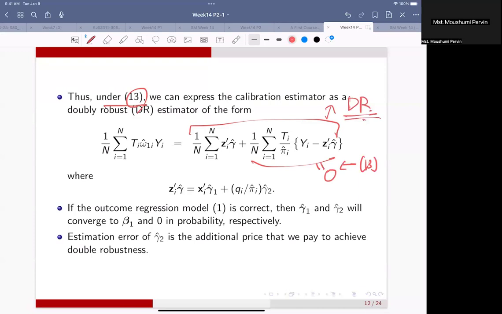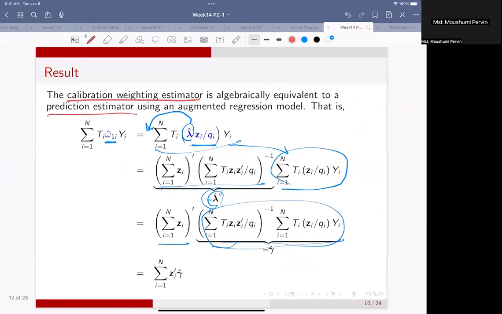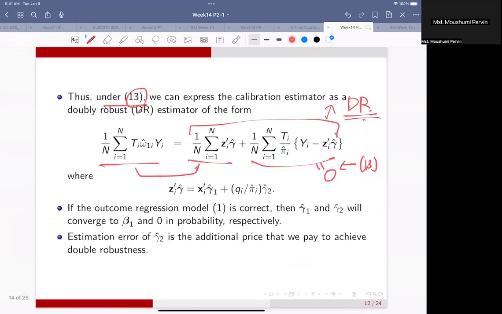So now what we are saying is that we proved this one already, right? We proved this equivalence already, due to the result in page 10.